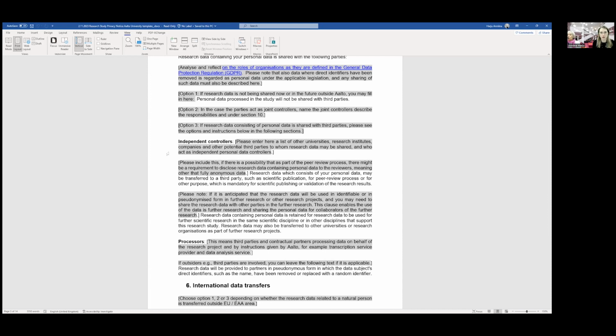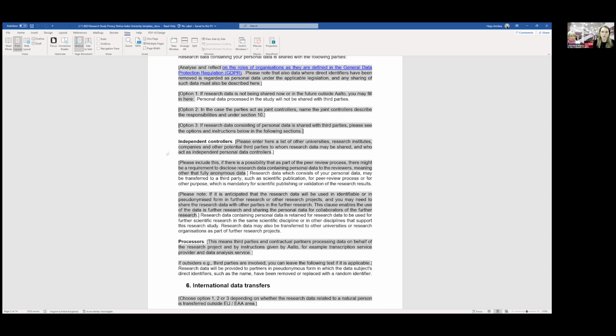So if you're really unsure, you can always contact us and we will help you to determine the right roles in your case. But yeah, for example, here you can list other universities or research institutions, companies or other third parties who you share your research data with, but if they act as independent controllers.